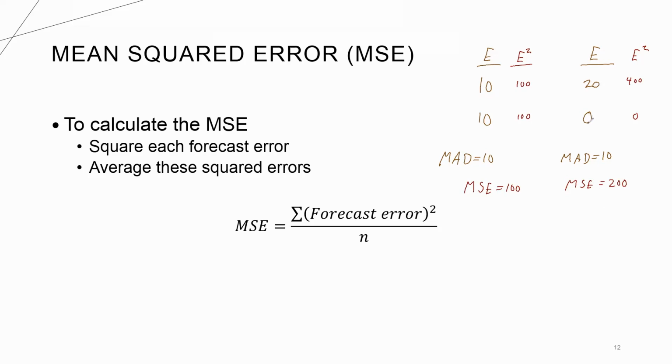And this may reflect what's happening in your particular situation. Maybe if you're off by 10, that's okay. That's like within the normal amount of error your business can handle. But if your estimates are off by 20, maybe that's going to cause huge problems for your business. Maybe having a big error like that is going to be really bad for your business.